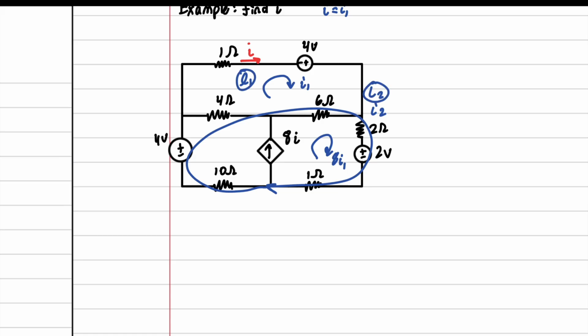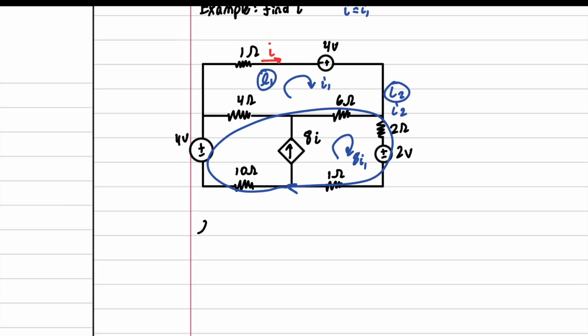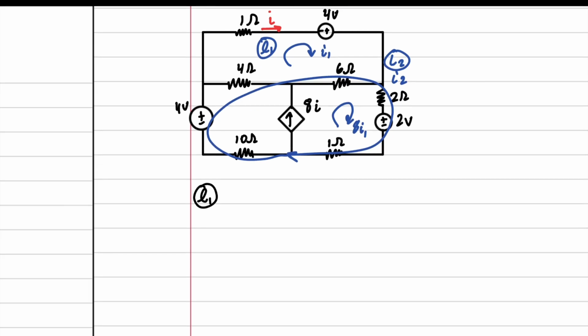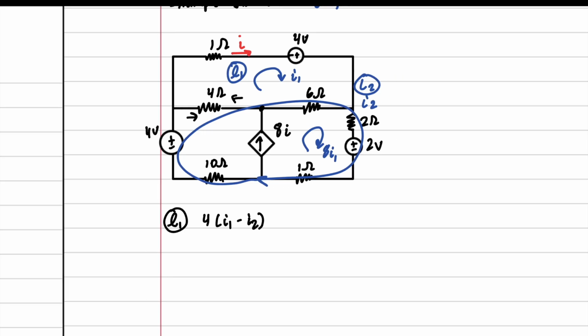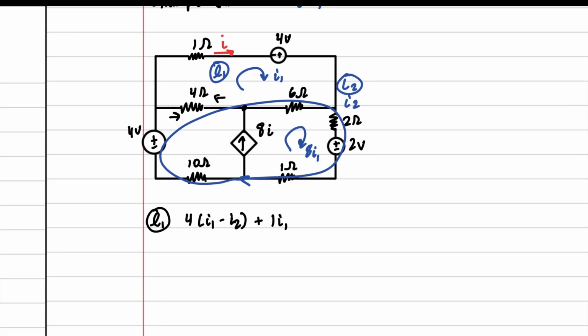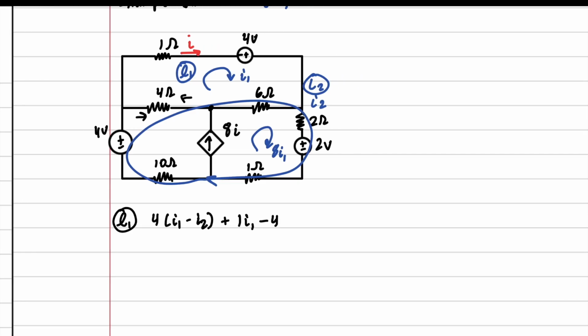Let's write down the KVL equation, or loop analysis equation, for I1. I'm going to start from right here. We have 4I1, and we have I2 opposing us in this branch. Then we go through the 1 ohm resistor, and we only have I1, and then minus 4, because we're going into the negative side of the battery.